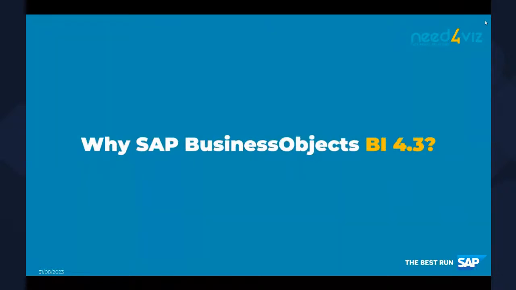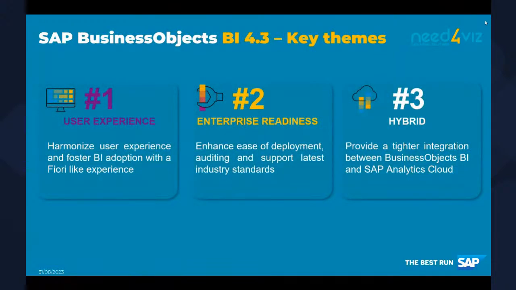So why BusinessObjects 4.3? When we released this version, it was almost 3 years ago, almost 4, we had 3 primary objectives. The first one was to rejuvenate and modernize the user experience, being for the end user or the power user.